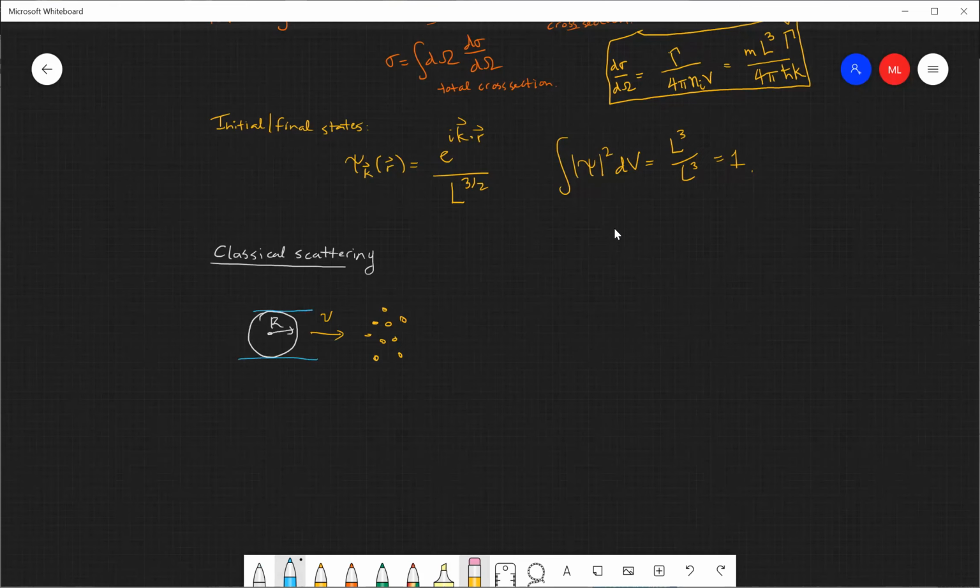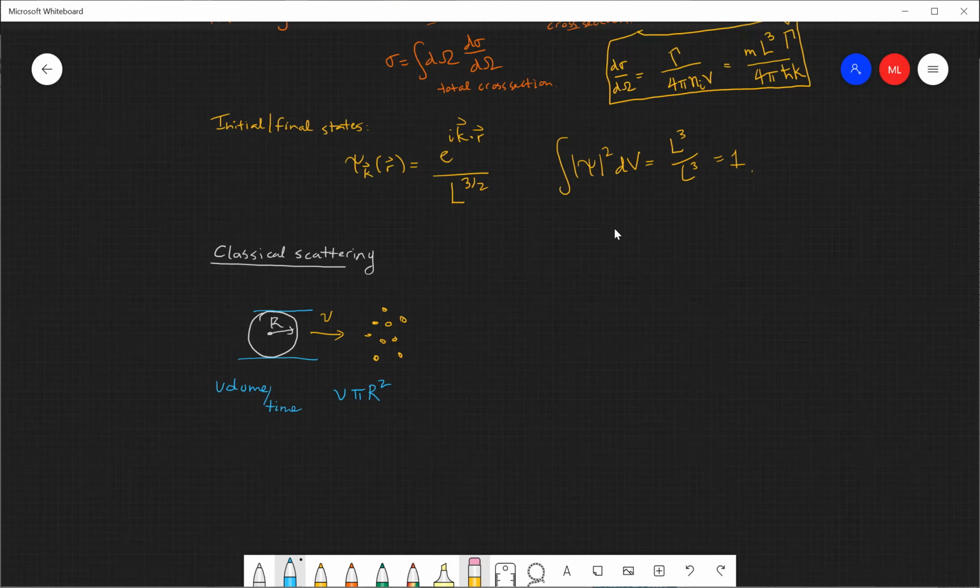The volume it sweeps out per unit time is v times pi r squared, because that's the cross-sectional area of the sphere, and as it moves, it sweeps out its cross-sectional area, pi r squared, times v per unit time. That's the velocity.